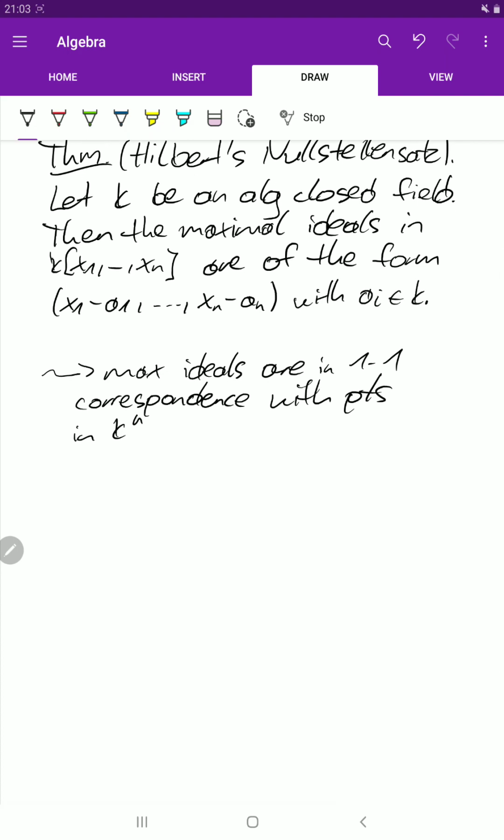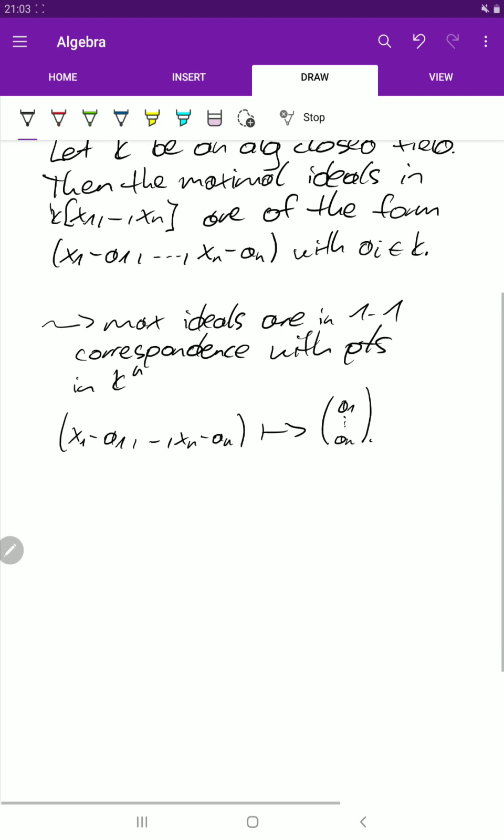So basically we just do the following. So we map (x1 - a1, ..., xn - an) to the point (a1, ..., an). Okay, so this gives us a one-to-one correspondence with points.